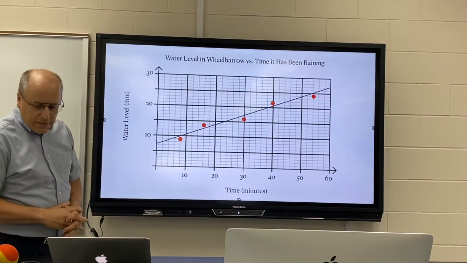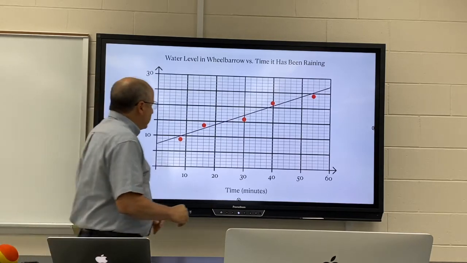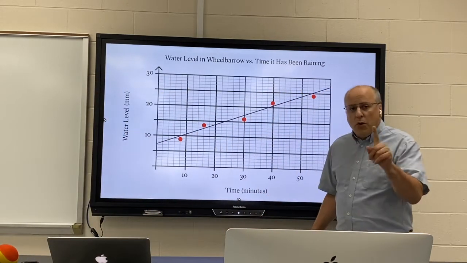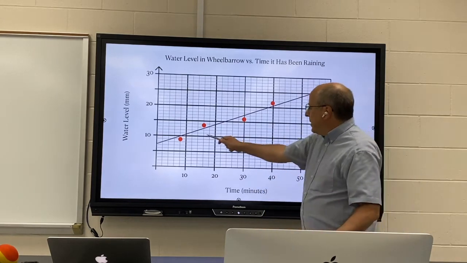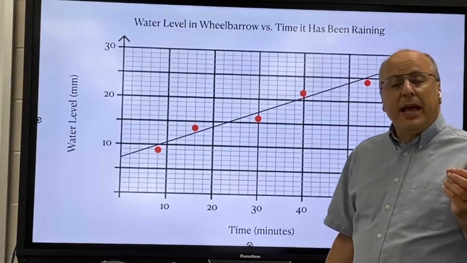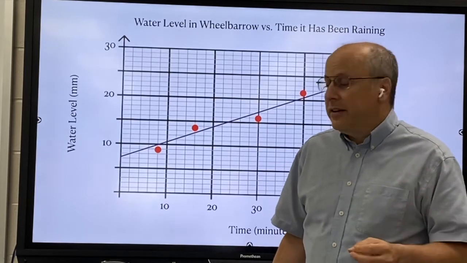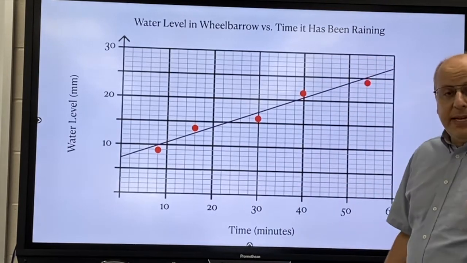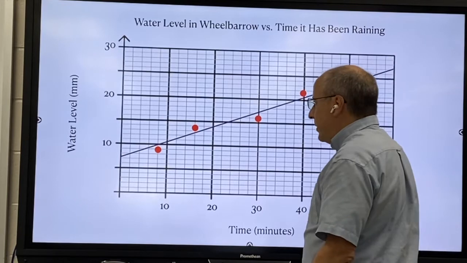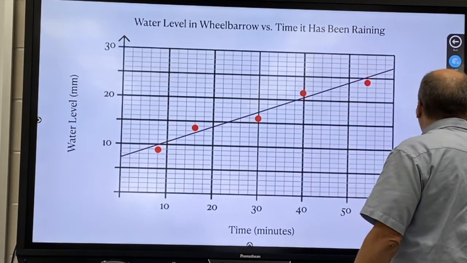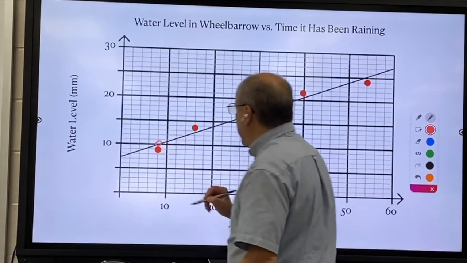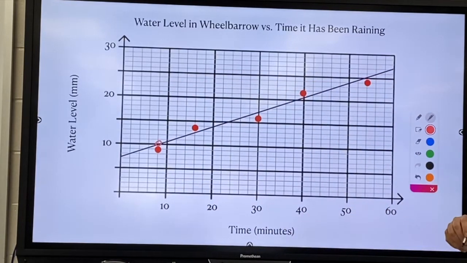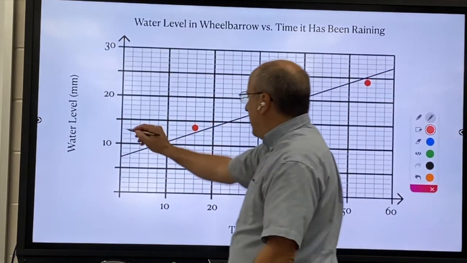Okay, so now we want to find the slope of this thing. So, don't use data points. That's rule number one. Use your best fit line and pick out points on that line that seem to be easy to read. So it looks to me like there is a real easy point about right here where it crosses both lines.